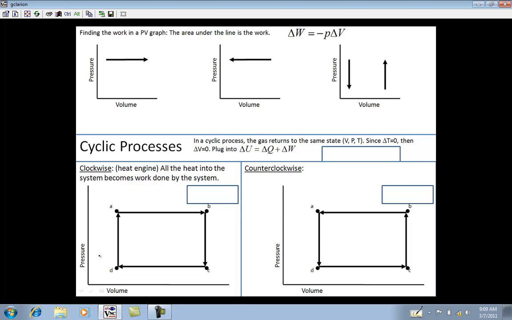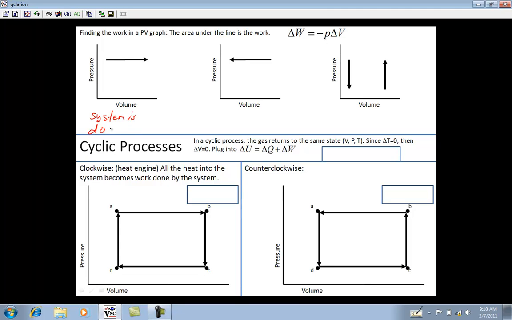Now, when we have a pressure volume graph like this, the one on the far left-hand side, what's happening to the system's volume? It's increasing. So is work being done to the system, or is the system doing work? Okay, good. So let's label the fact that the system is doing work.